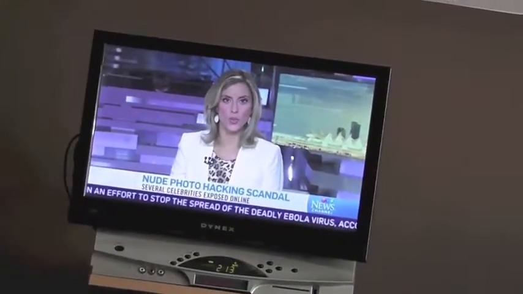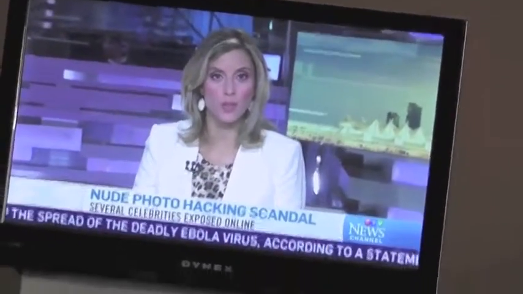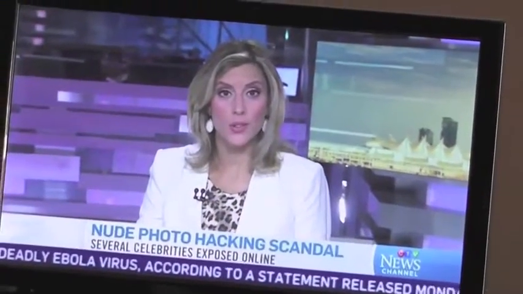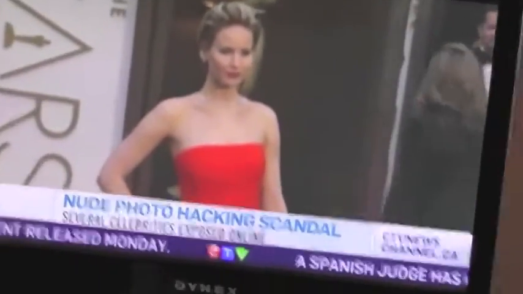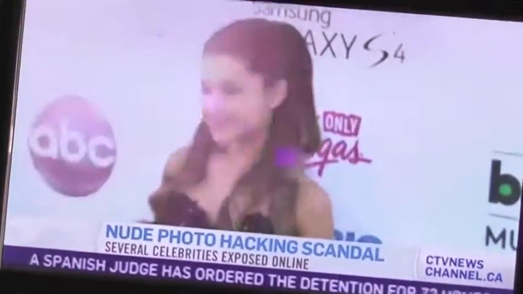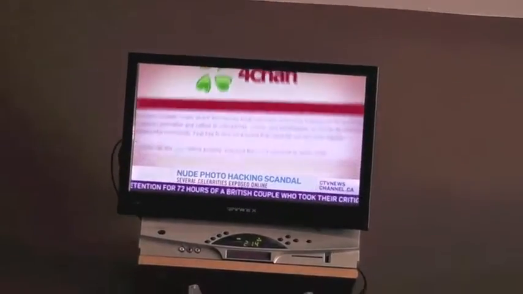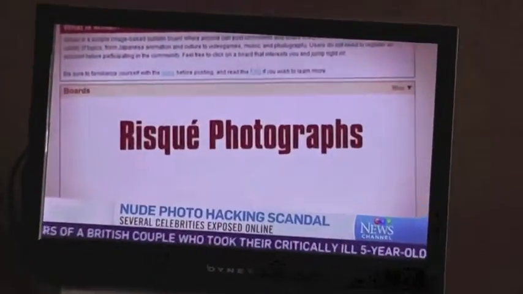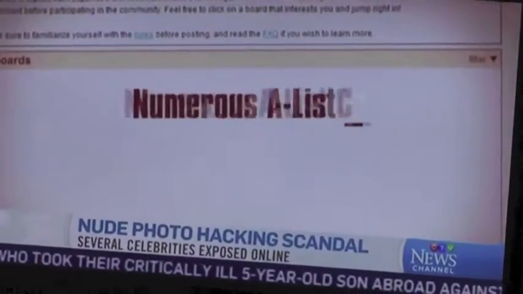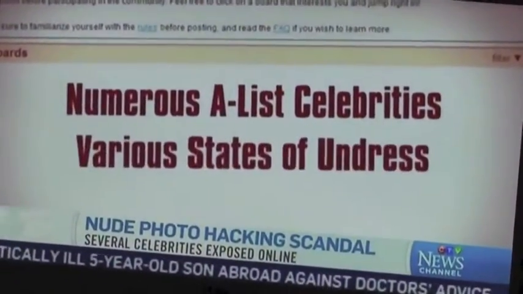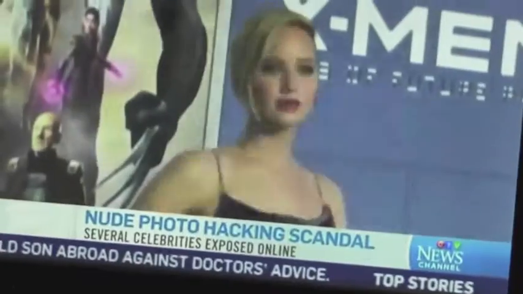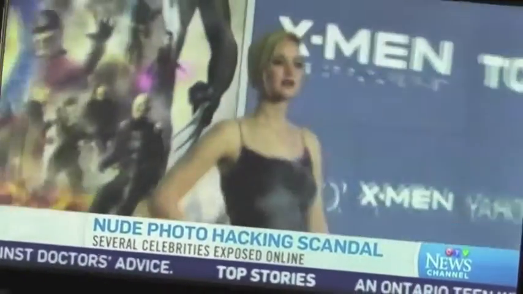A hacking scandal has taken over Hollywood. Nude photos of celebrities, including Jennifer Lawrence, have been leaked online, and lawyers are preparing to take action. Paula Ferris has the story. This morning, Hollywood up in arms after what could be a massive hacking attack. A user on the popular photo sharing site 4chan posting a cache of risque photographs Sunday, purporting to show numerous A-list celebrities in various states of undress. Among them, Jennifer Lawrence, featured in dozens of photos, some of them nude.